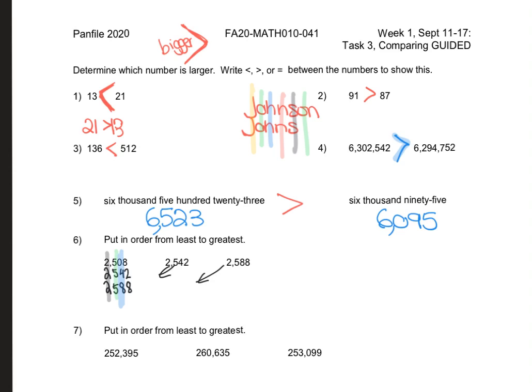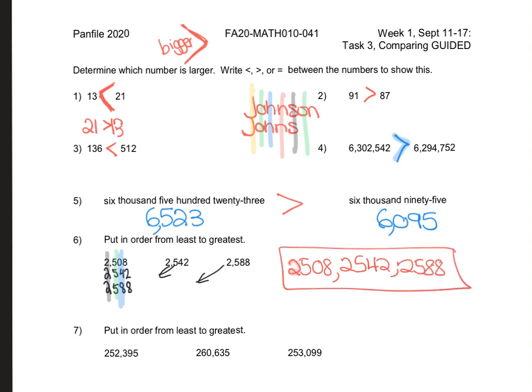So it doesn't even matter what the last digits are, because those digits are in least to greatest. So I could write, highlighter, 2508, comma, 2542, comma, 2588. Put my square around it and I'm done.